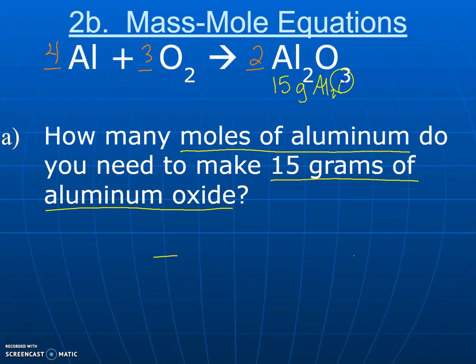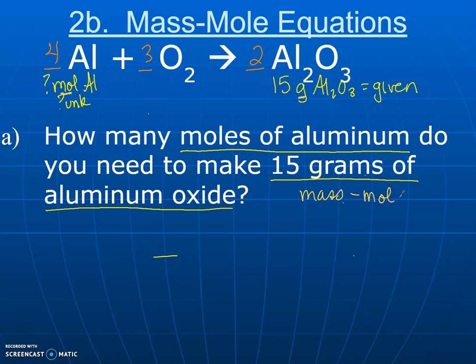And then we want our moles of aluminum as our unknown. Since I am given grams, which is a mass, and my unknown is in moles, this is a mass-mole problem.